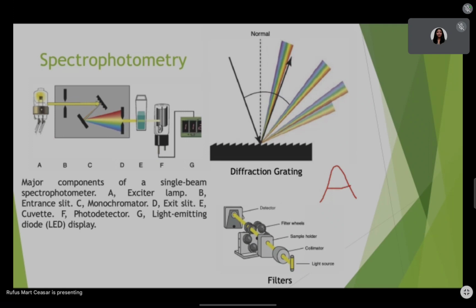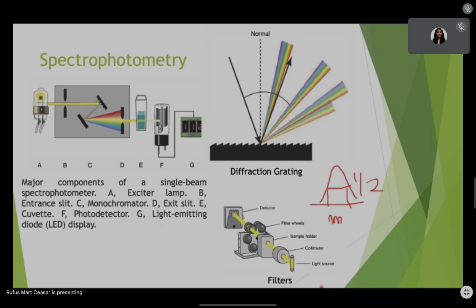Tapos ito yung half yun. Tapos merong nanometers dito. Ang hirap naman mag-drawing. Tapos ito yung one half. Yan yung one half. So ulitin natin.